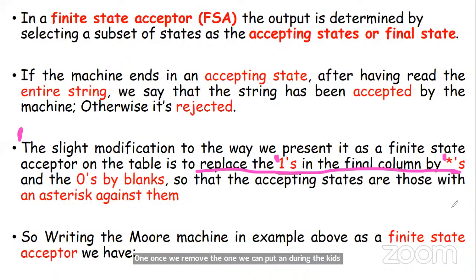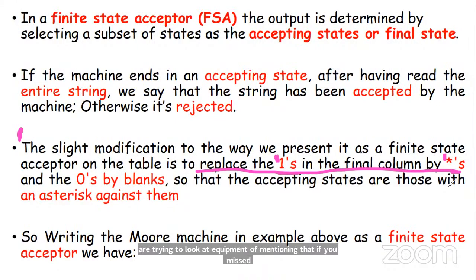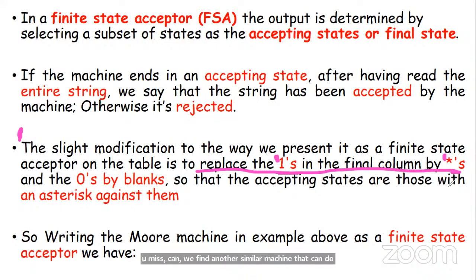Now, this is important for the next part where we are going, which is called equivalence of machines, that if a machine can do a particular work, can we find another similar machine that can do similar work at that rate? So it is important that you know that for everyone that is 1, we represent it with what?